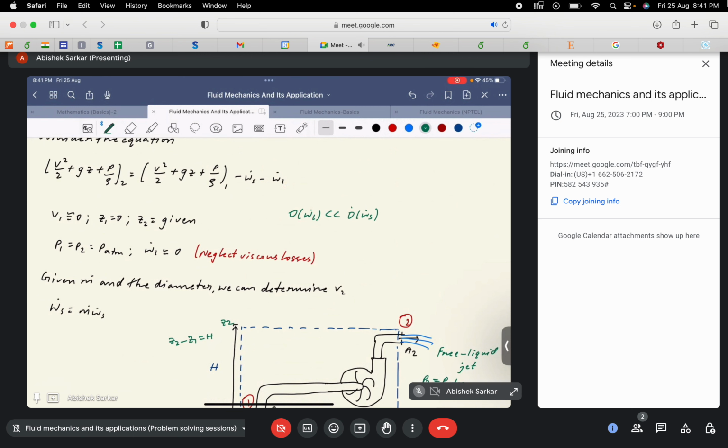That's why the losses due to viscous forces can ideally be neglected. You need to be conceptually clear on this, because you may think we are pumping water but considering it inviscid, then what is the actual validity of this governing equation? So keep the order of magnitude in mind.